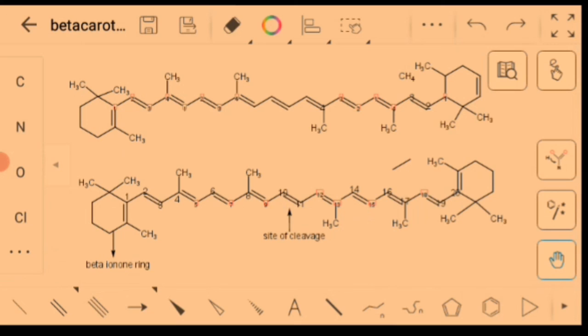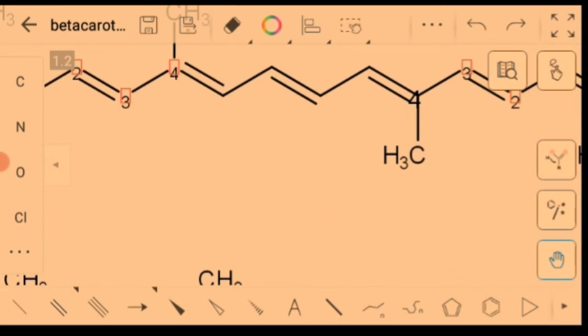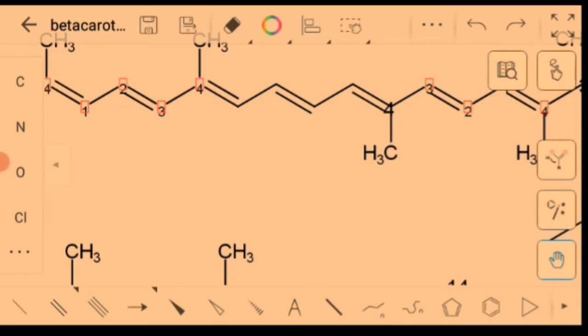So now, to know my site of cleavage without cramming this, I just know that when I'm done drawing my methyl group, adding my methyl group to the carbon number 8, I just have to count 1, 2.